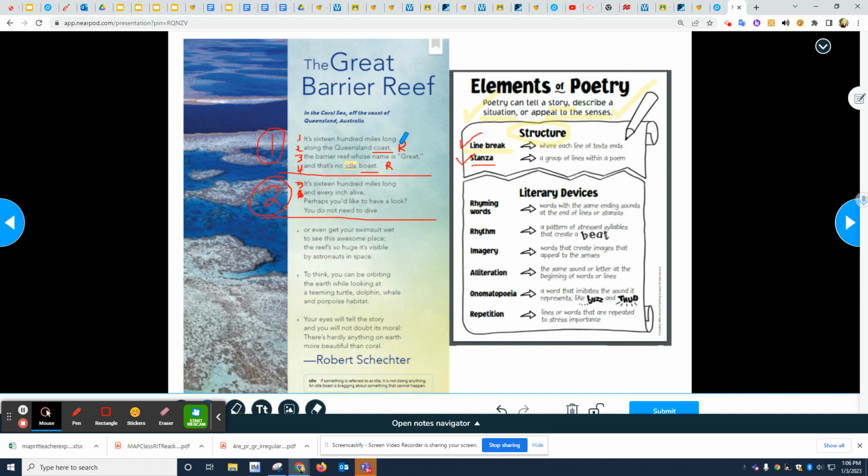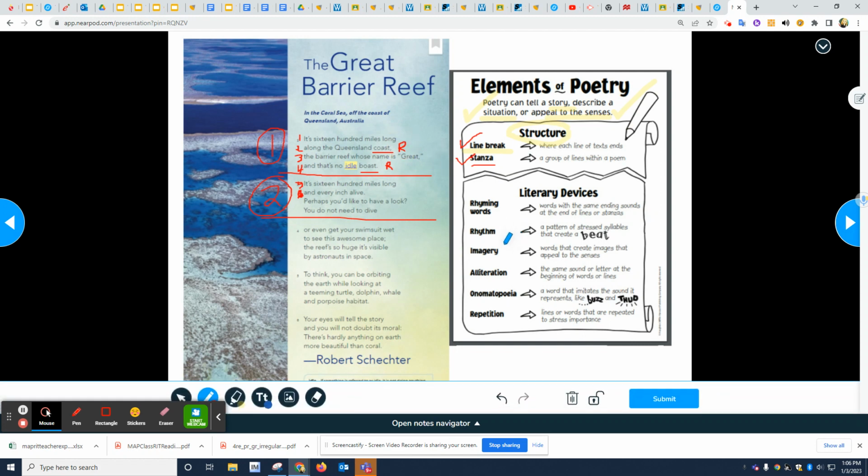Rhythm is a little bit trickier to find. You can put an RH, and then an I by imagery, A for alliteration, O for onomatopoeia, and R for repetition. So right now, on your own, I'd like you to try the next slide and find as many of these items as you can, and then you can check yourself against my work. Good luck.